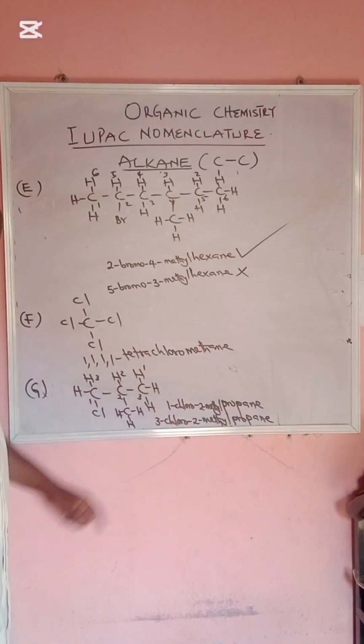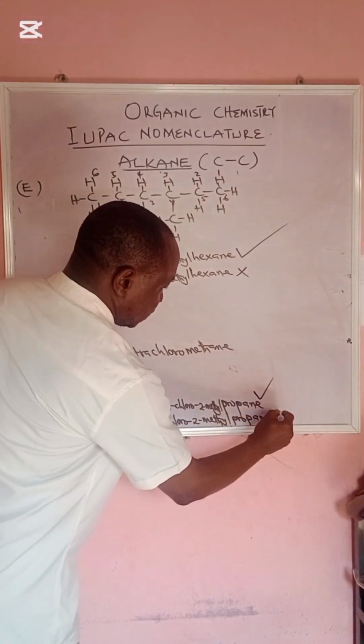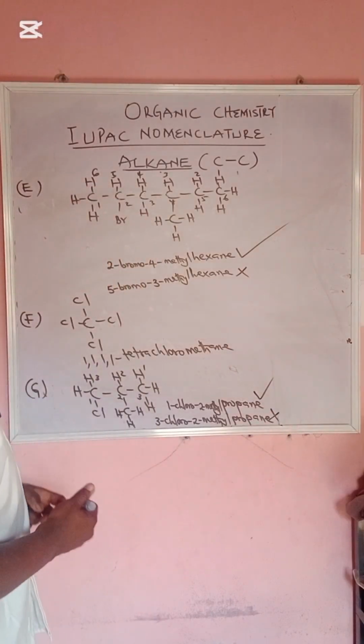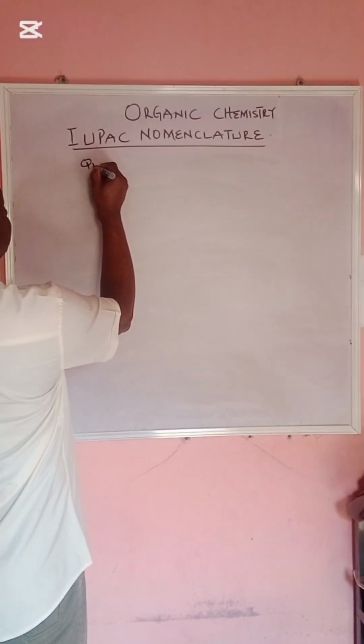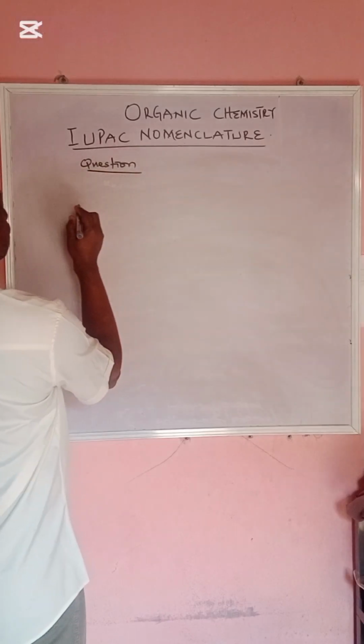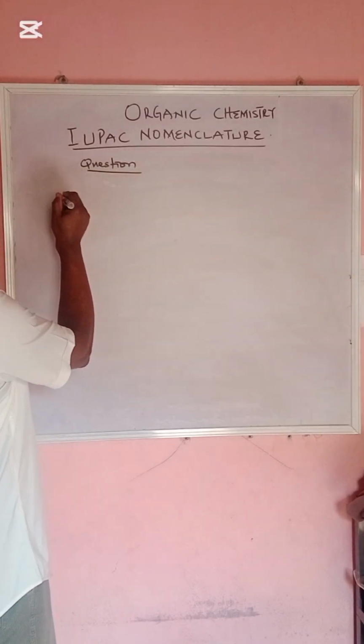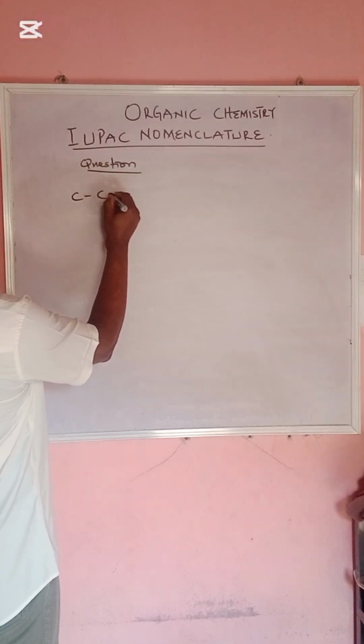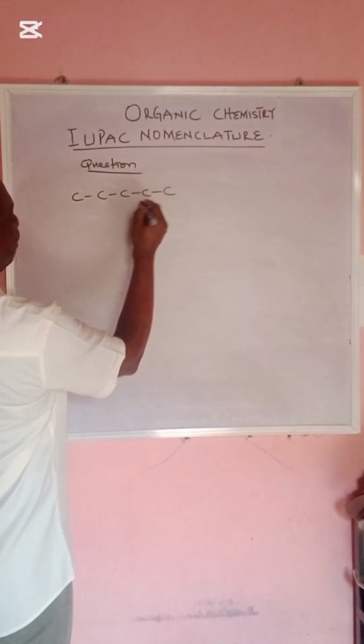That is another example you need to consider. Let's see the question now. You have to give the IUPAC name of this. 1, 2, 3, 4, 5.